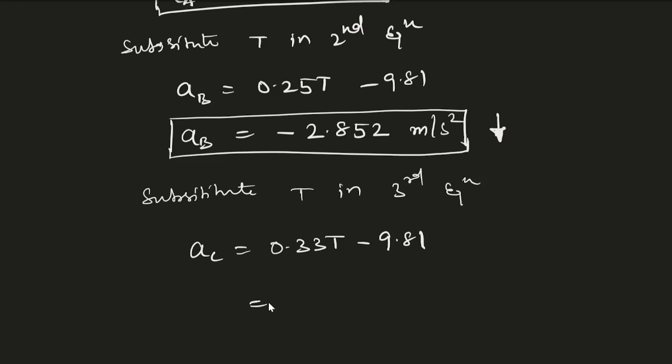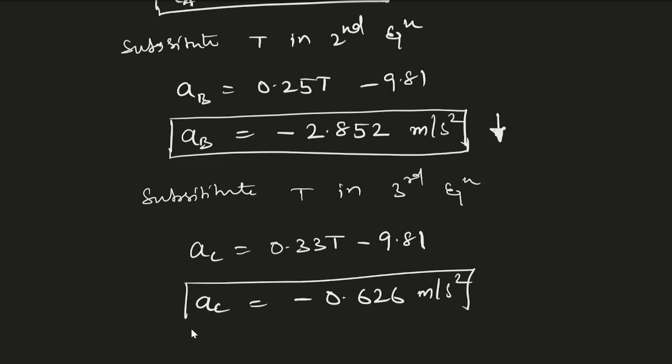So 0.33 into 27.829 minus 9.81. So we got a_C equal to minus 0.626 meter per second square. Again, a_C is also going in the downward direction. The block C is also going downward.